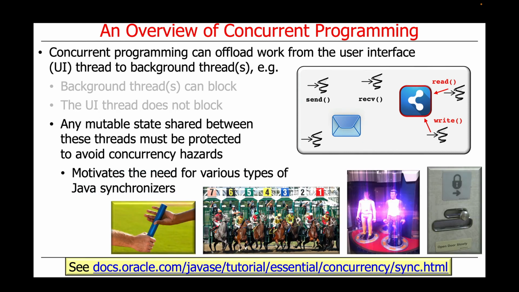Solving the race condition problem, plus other problems like memory inconsistency and deadlock, motivates the need for various types of Java synchronizers. These synchronizers run the gamut from coordination mechanisms, shown by the baton passing, such as Java condition objects, to barrier synchronizers, shown by the starting gate at a horse race, such as cyclic barrier, countdown latch, or phaser, to atomic operations, shown by beaming with the Star Trek transporter beam, which would be things like atomic integer, atomic Boolean, atomic long, and so on.